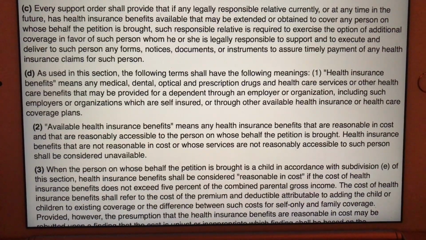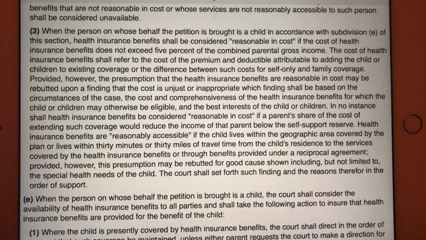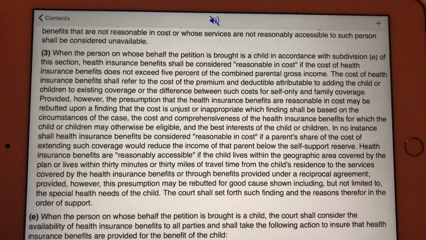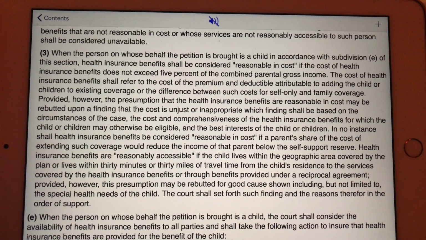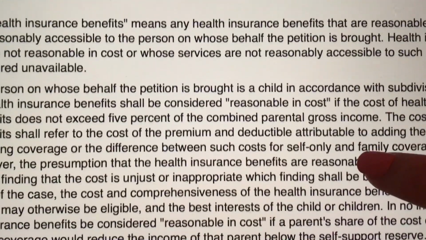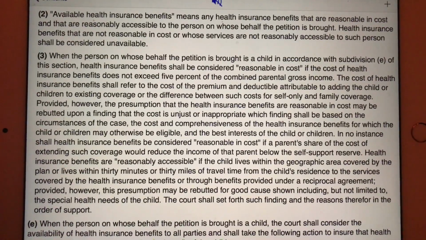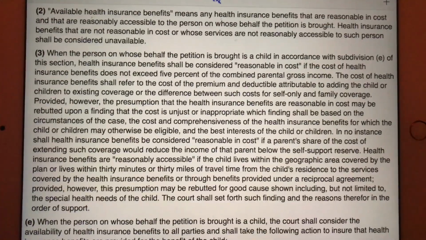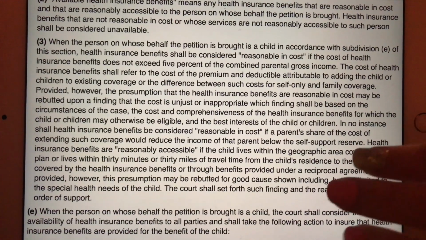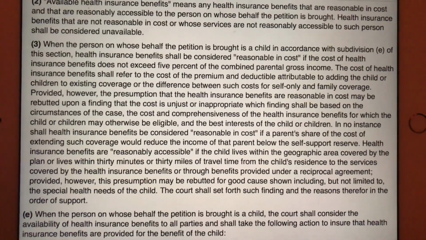The cost of health insurance benefits shall refer to the cost of the premium and deductible attributable to adding the child or children to existing coverage or the difference between such costs for self-only and family coverage. In no instance shall health insurance benefits be considered reasonable in cost if a parent's share of the cost of extending such coverage would reduce the income of that parent below the self-support reserve.